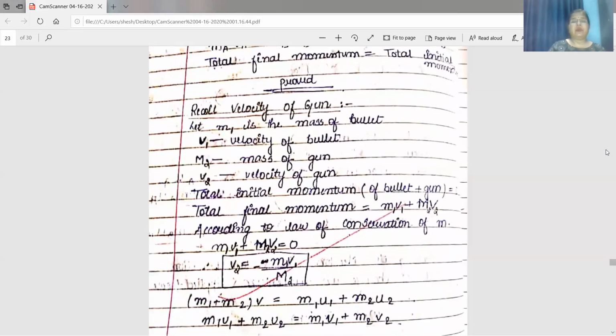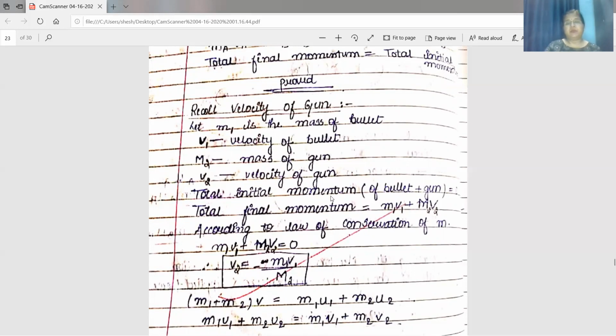Now to find out the recoil velocity of the gun. Let m1 be the mass of the bullet and v1 the velocity of the bullet. M2 is the mass of the gun, capital M we have taken, and V2 is the velocity of the gun, right?